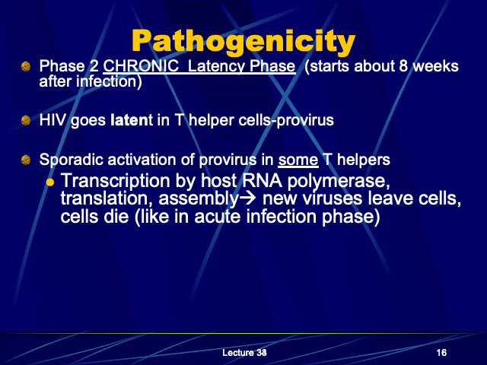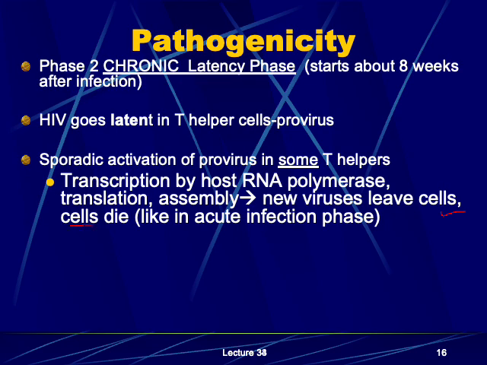Now it's sporadic, so let's just say out of 1,000 T helpers in the body that have a latent infection, maybe 5 of them at one given time will suddenly wake up, become active, and trigger viral reproduction again, meaning there'll be transcription of the HIV genes by RNA polymerase. The RNA will be translated by the ribosomes, proteins will assemble, and new viruses will leave the cell just like we talked about before, just as in the acute infection, and the cells die.